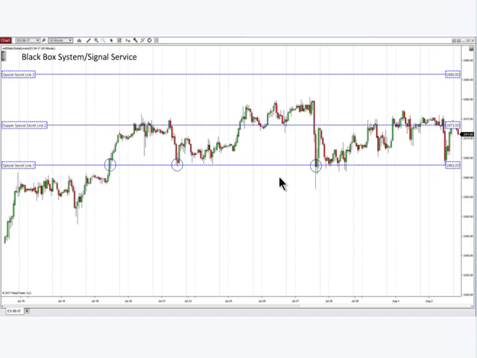So I've made a graph here of a black box system or a signal service. I know a lot of you will subscribe to a signal service, and it says, buy at such and such a price, or it'll say buy now. So I made some fun. This is a special secret line number 1.